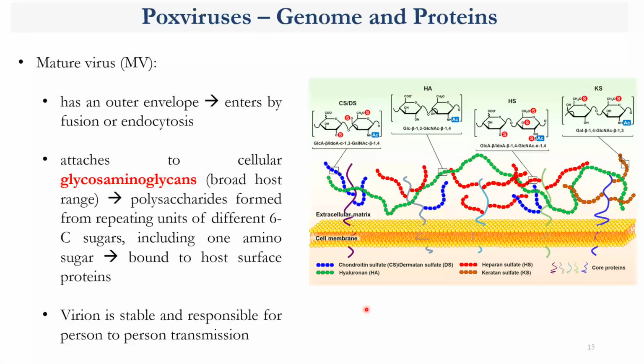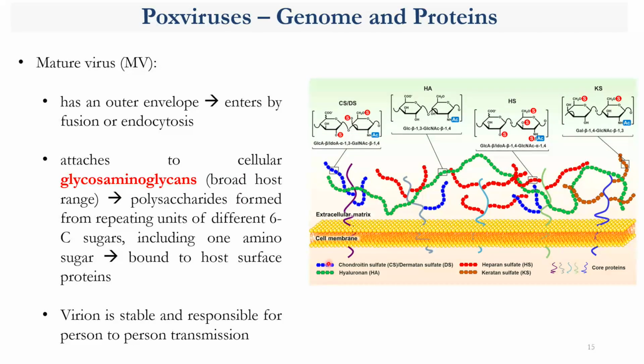All right, so let's look at the mature virion first, and then we'll look at the enveloped virion. So mature virion does have an outer envelope. And this enters the cells by fusion or by endocytosis. Now, again, this is going to attach to the cellular glycosaminoglycans, and this gives it a very, very broad host range.